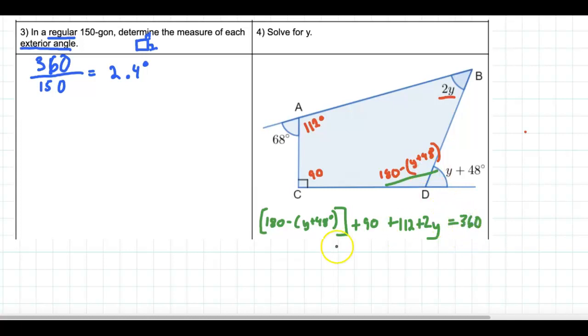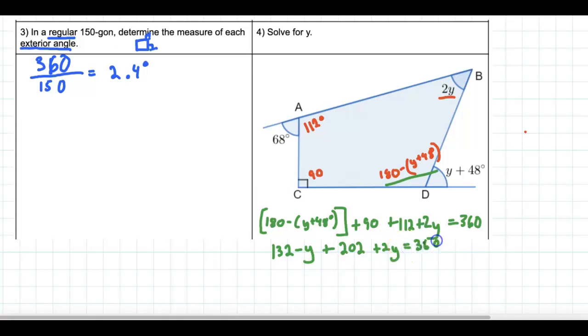Now let's start combining like terms. So 180 minus 48, that would be 132, minus y, plus, if we combine these ones here, 202 degrees, plus 2y equals 360.